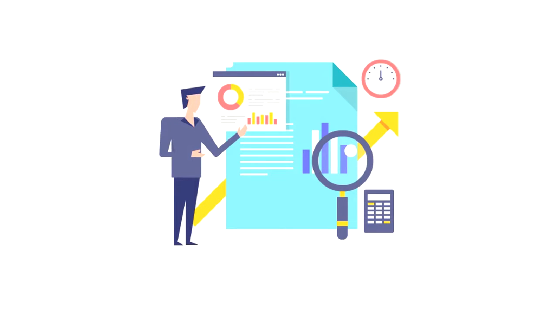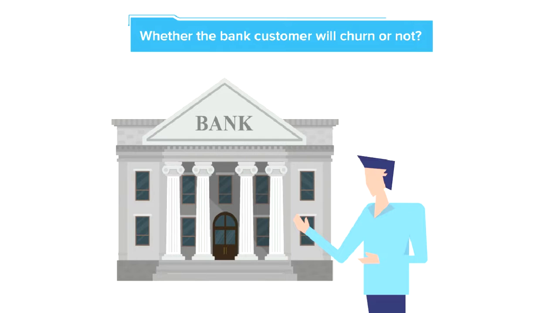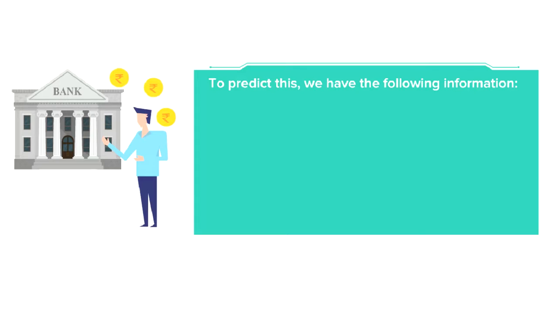Let's say you are a data scientist at a bank and the bank wants you to predict whether the bank customer will churn or not. Or in other words, whether the customer will be able to maintain the minimum required average monthly balance or not. To predict this, we have the following information.